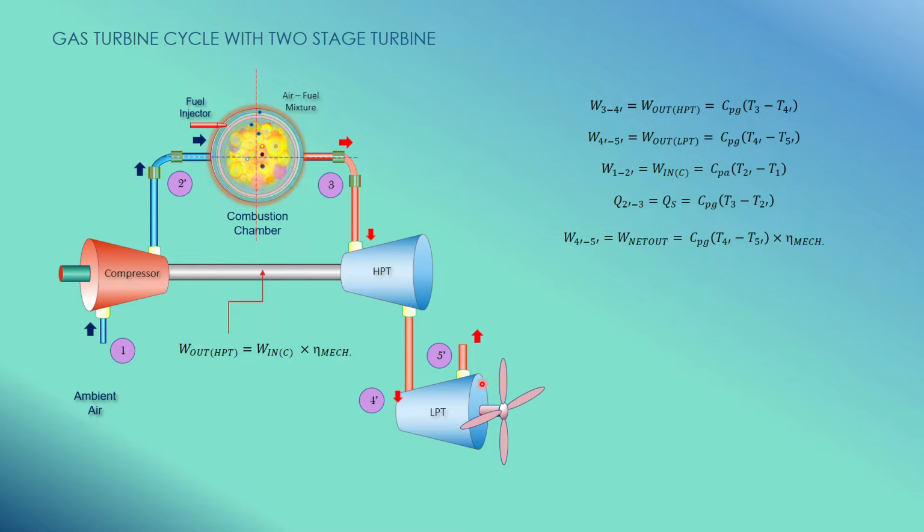To calculate the net work output, that is the work done from 4 prime to 5 prime, you can take it as CPG, the specific heat capacity at constant pressure for gas, multiplied by the difference in temperature between the inlet and the exit of the low pressure turbine, and then multiplied by mechanical efficiency, because you have a shaft connecting the low pressure turbine to the propeller, and another shaft connecting the high pressure turbine to the compressor. That is why, for these two shafts, you need to multiply by the mechanical efficiency.